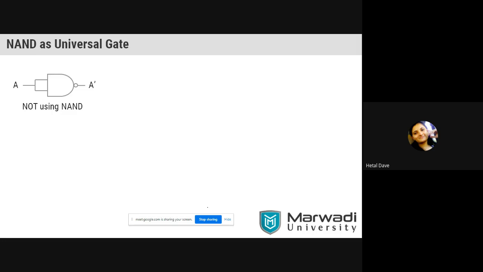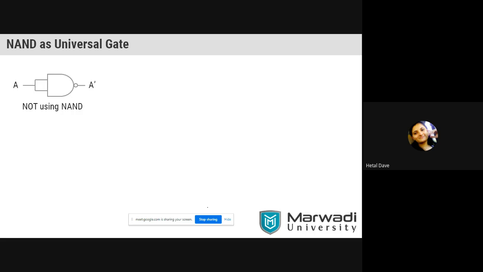Now, what are the basic gates? When our lab was started, at that time I clarified these 3 categories of gates. AND, OR and NOT are called basic gates. NAND and NOR are called universal gates. XOR and XNOR are called advanced gates.